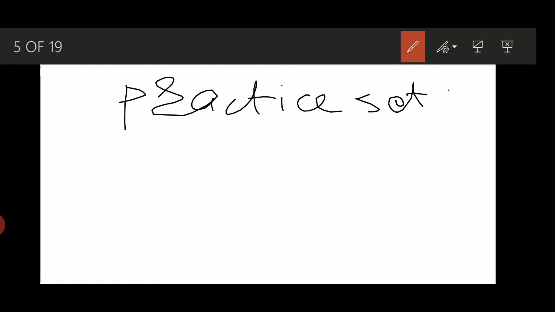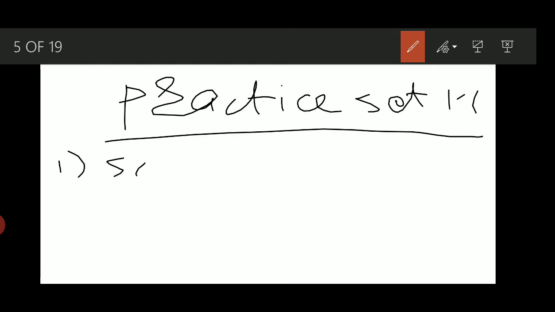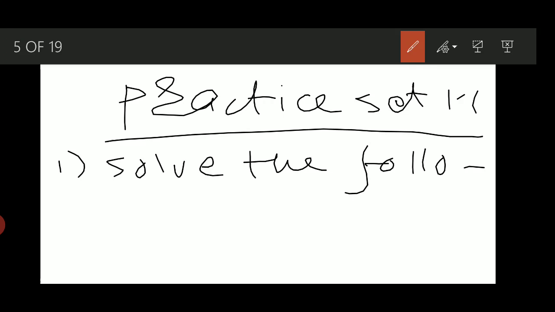So now we have to solve practice set 1.1, which is on the solution of simultaneous linear equations. The question is: solve the following simultaneous equations.